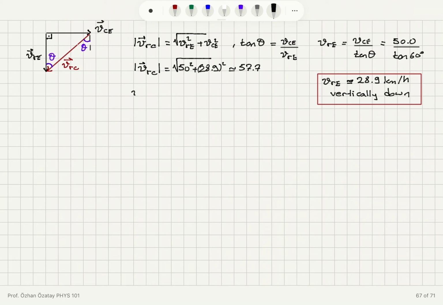So we can report the velocity of the rain with respect to the car reference frame to be 57.7 kilometers per hour with a direction that is 60 degrees west of the vertically downward direction.